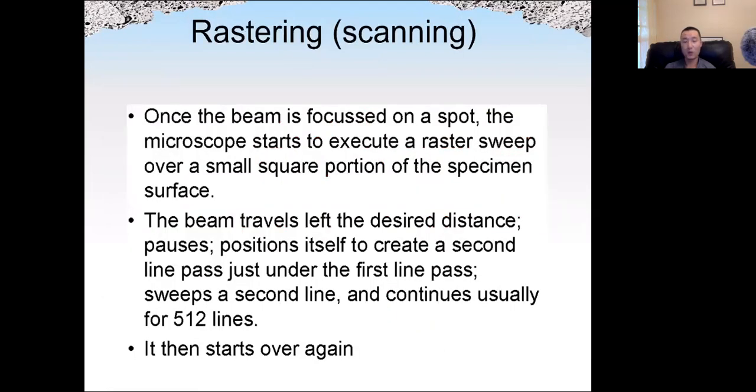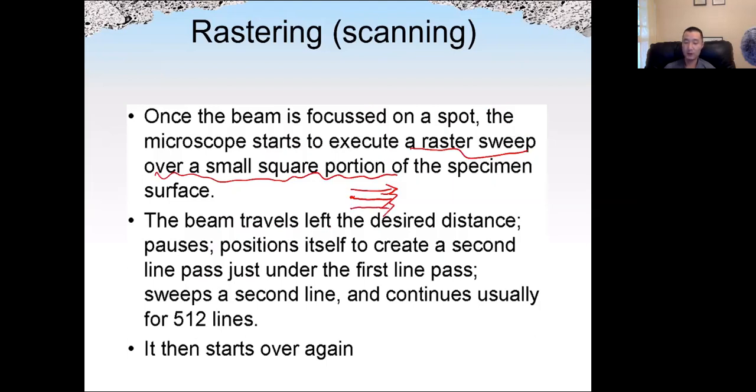Okay. And when the beam is focused on a spot, then the rastering will begin. This is over a small square portion of the specimen. So the beam travels from the left to the right, and then pulses, and then goes back to the second line, scanning from left to right, and then pulses and begins the third line.